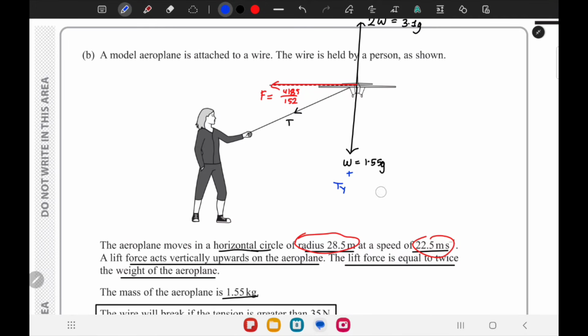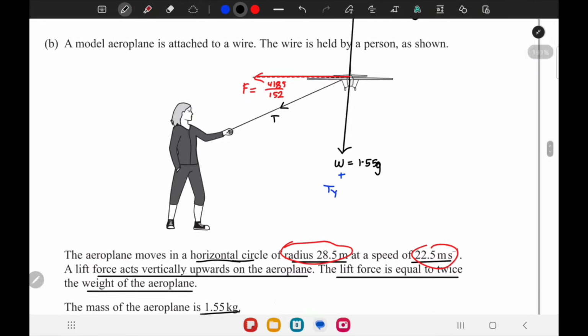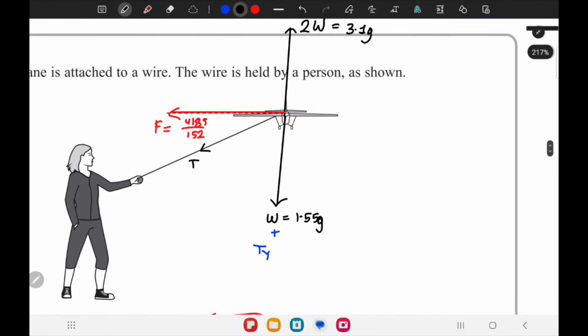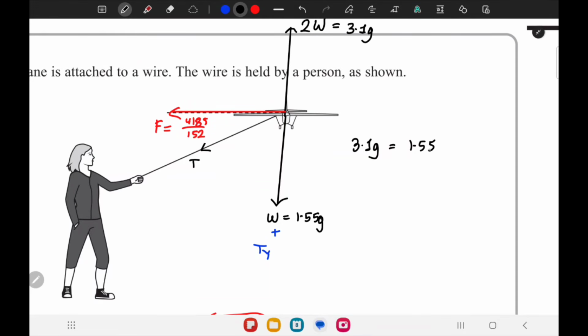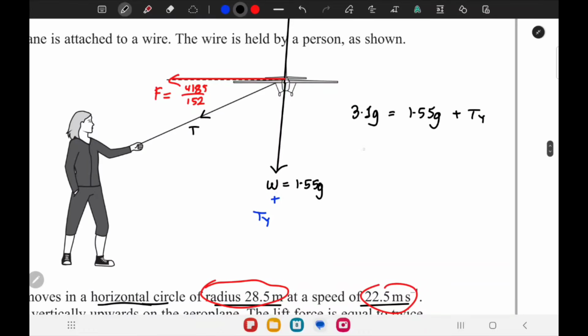We can find that with an equation. So the upward force would be equal to downward force, so 3.1 g would be equal to 1.55 g plus the vertical component of tension. If we calculate this, the vertical component of tension would come out to be 1.55 g.